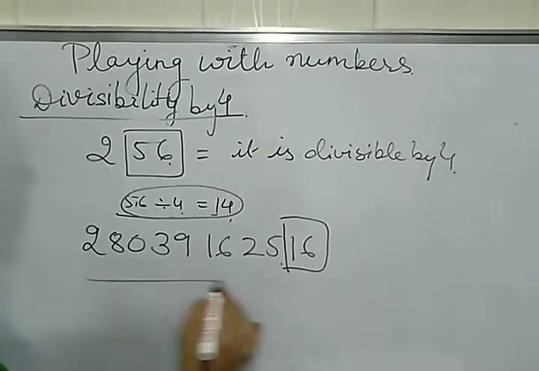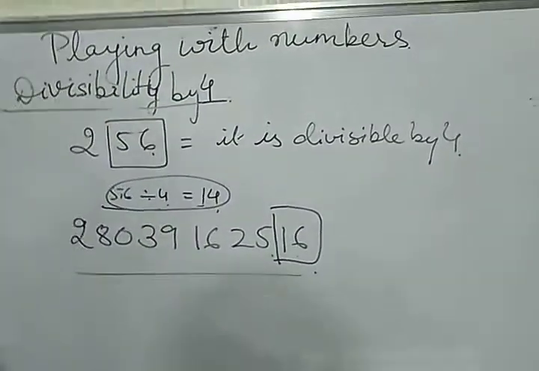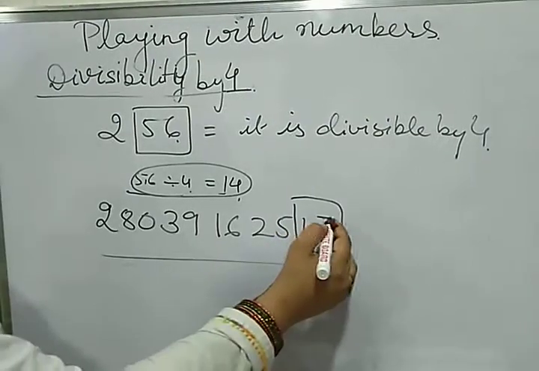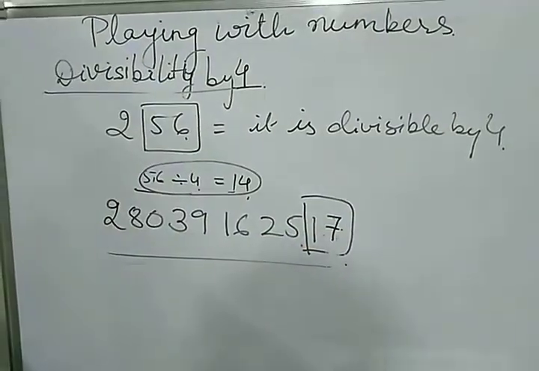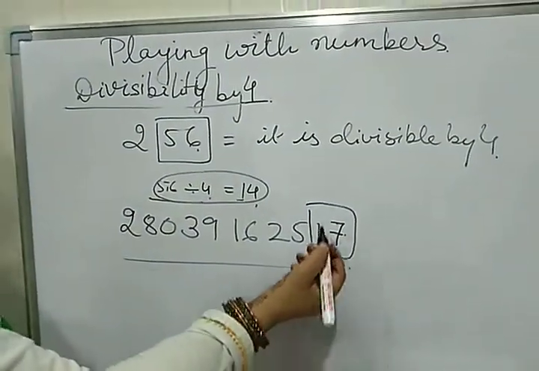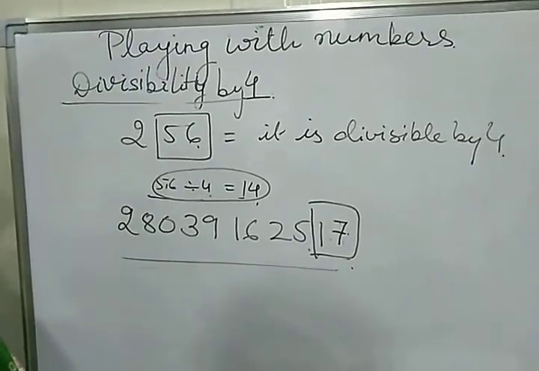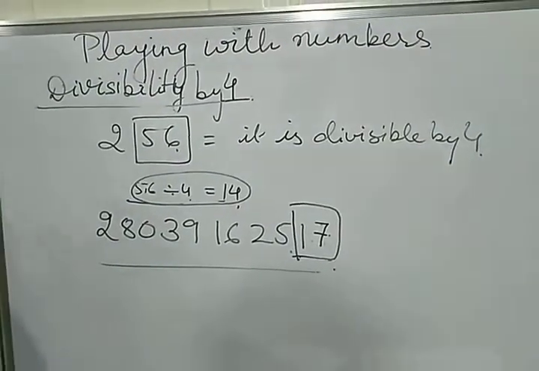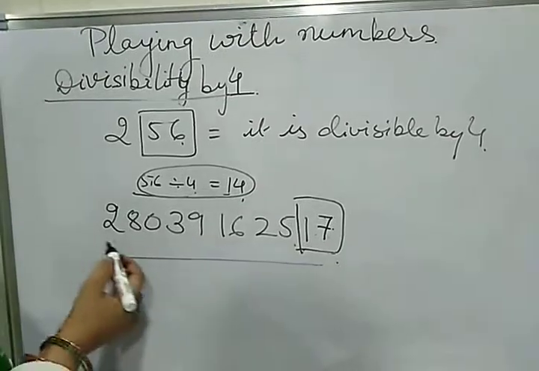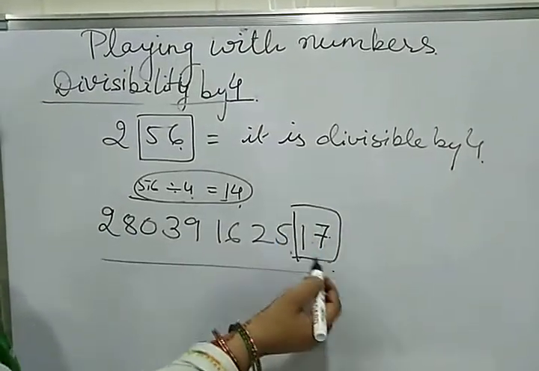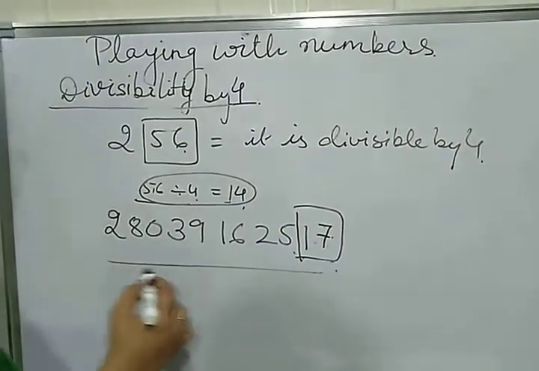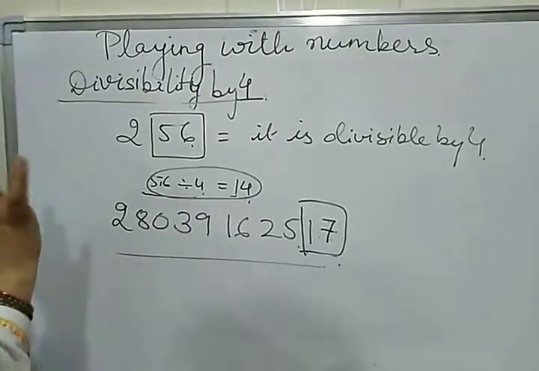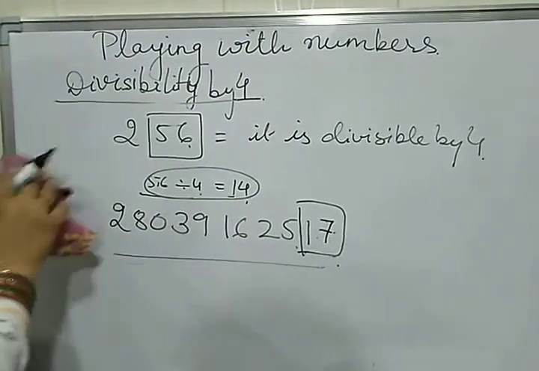So the whole number is divisible by 4. If the number formed by the last two digits is not divisible by 4, then the number will not be divisible by 4. Here 17 is not divisible by 4, so the whole number will not be divisible by 4. Have you understood the divisibility by 4?